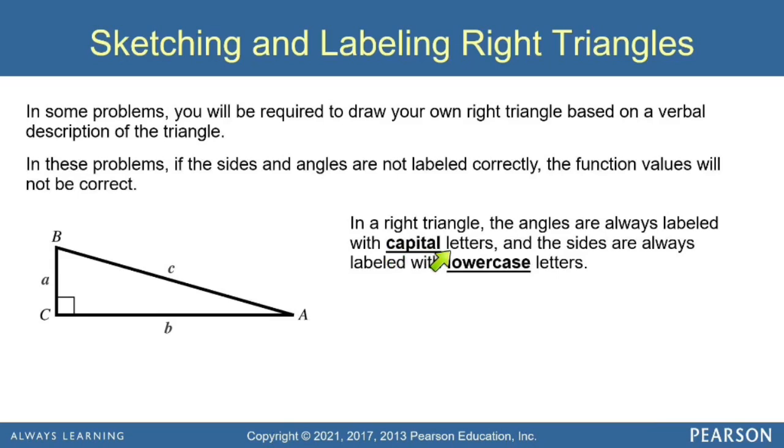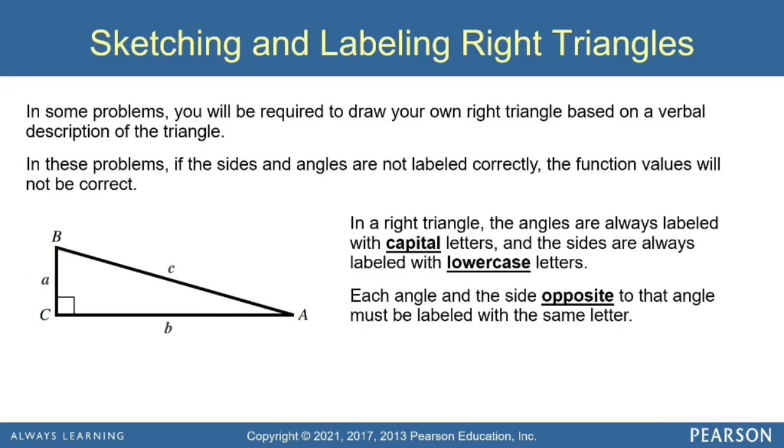In a right triangle, the angles are always labeled with capital letters, and the sides are always labeled with lowercase letters. So look at the diagram that we have right here. We've got our right angle clearly marked. We've got our angles labeled with capital A, capital B, and capital C. And then each angle and the side opposite to that angle must be labeled with the same letter.